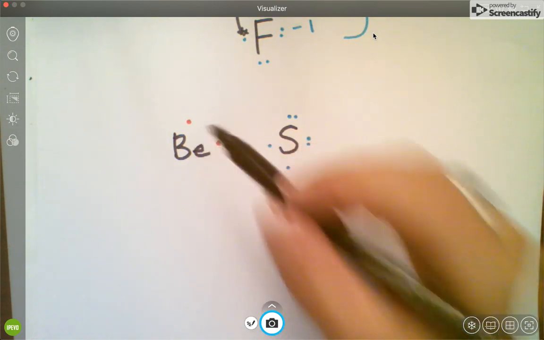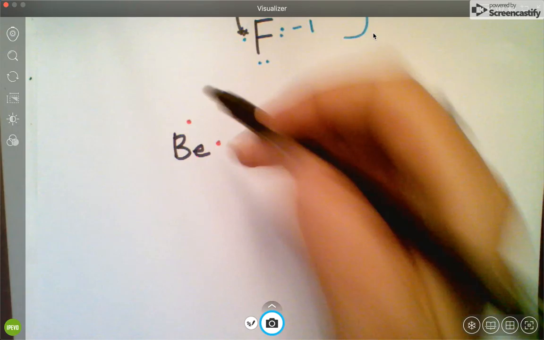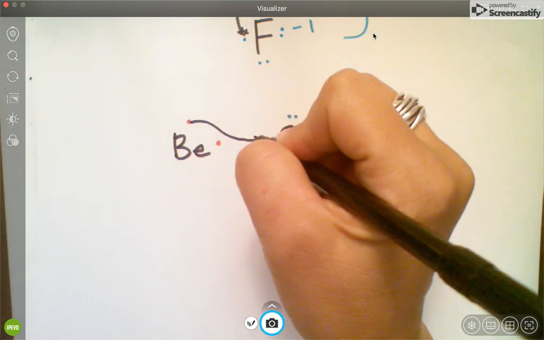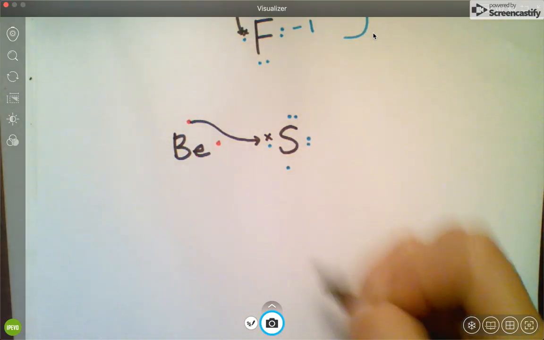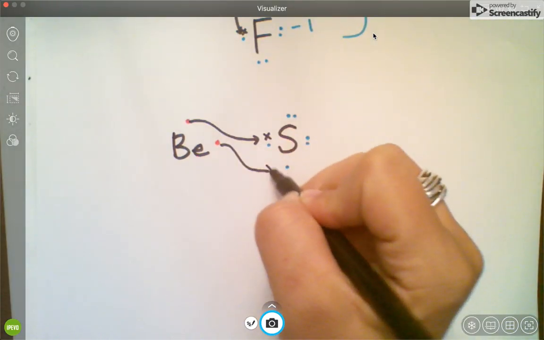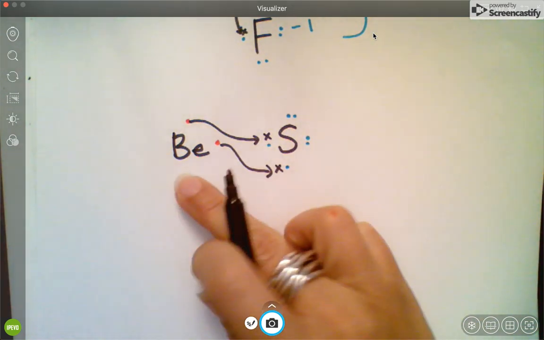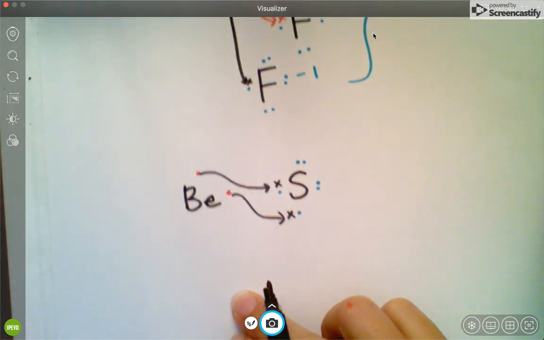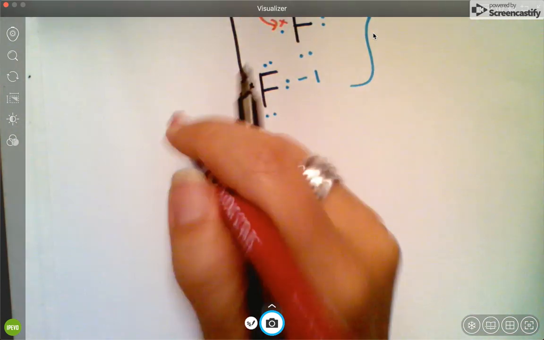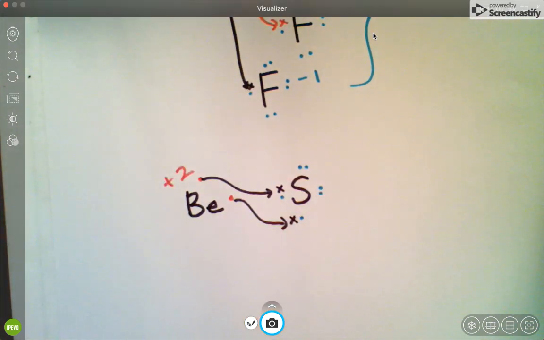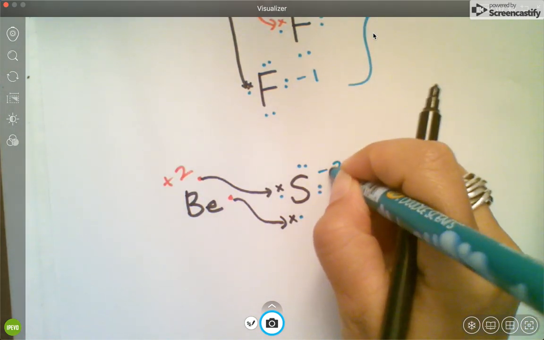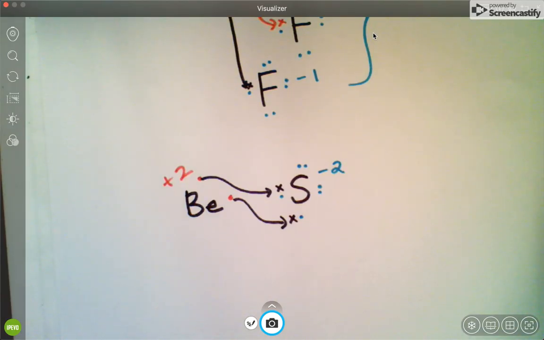So in this scenario, this beryllium gives its electron to that location, and this electron gives to that location. So we end up with beryllium becoming a cation with a charge of +2, and the sulfur becoming the anion, the negatively charged ion, with a -2.